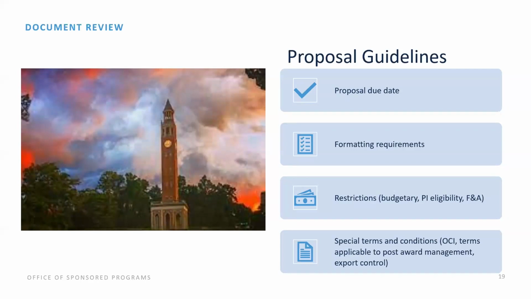Are there restrictions? So is there a budgetary restriction that we need to know about when we're reviewing the budget? For example, do they not allow PI salary, but we've got PI salary in the budget you just submitted to us? We're going to be looking to make sure that we've met those restrictions. PI eligibility. So for example, we have our own internal PI eligibility requirement.